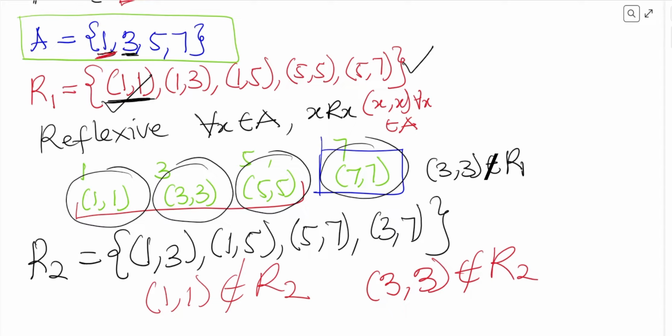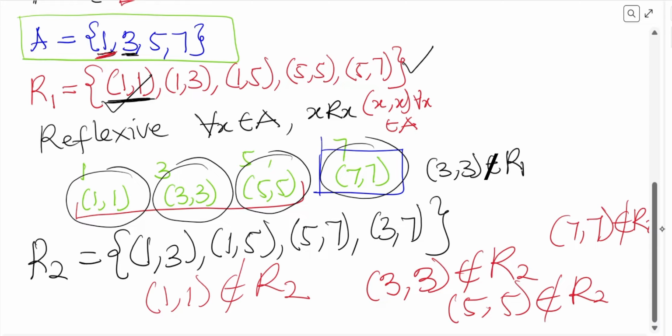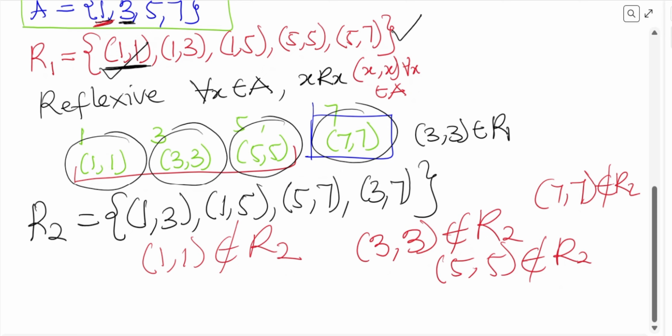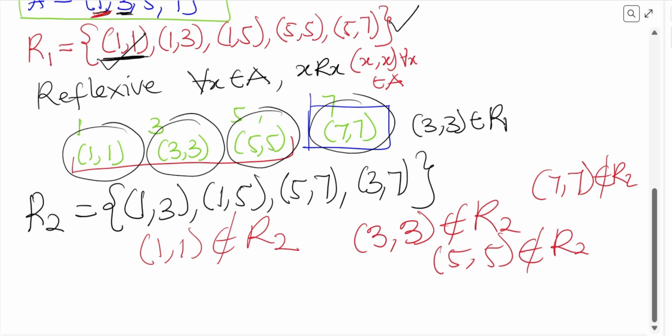And in fact, 5 is to 5 is not also in R2. And as well as 7 related to 7 is not also in R2. So we don't even bother ourselves moving around doing the same thing. We can conclude straightforward that R2 is not reflexive.